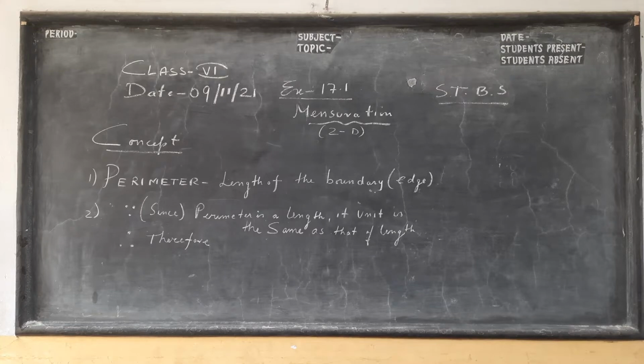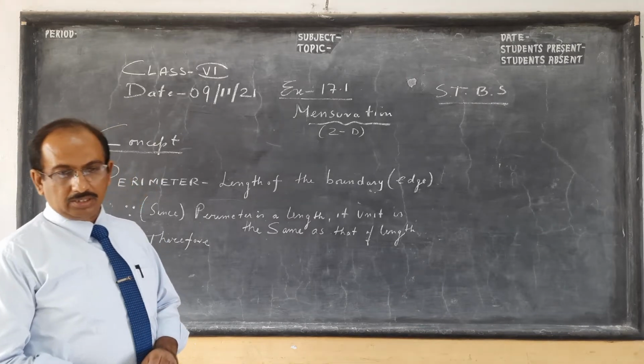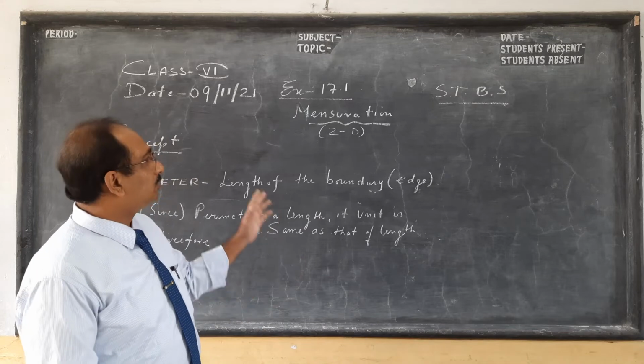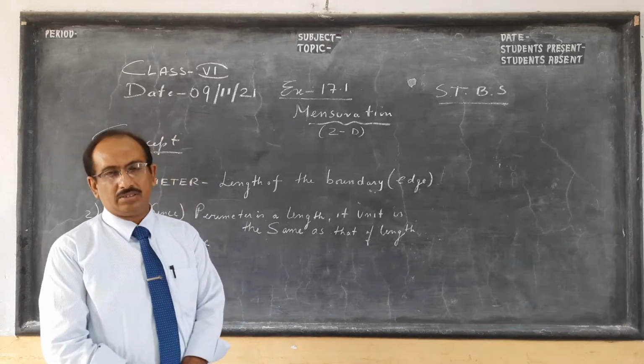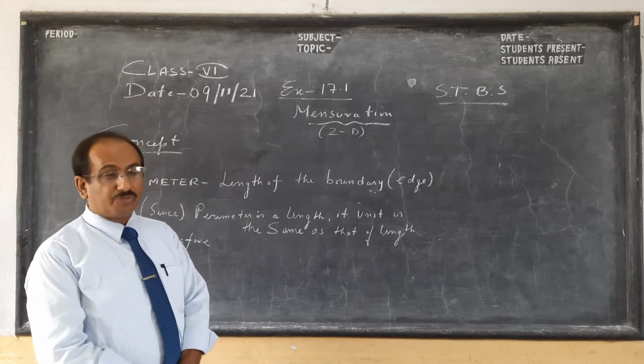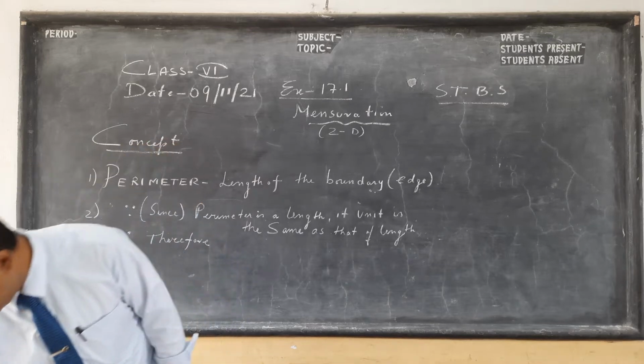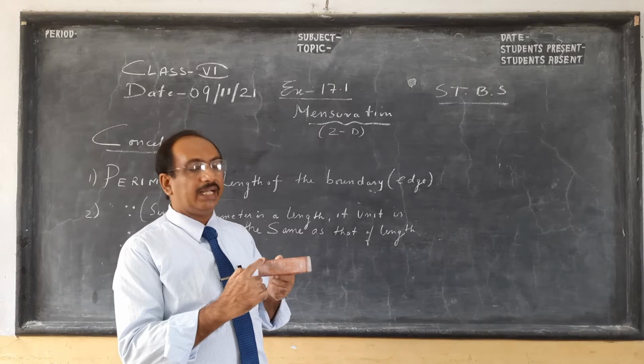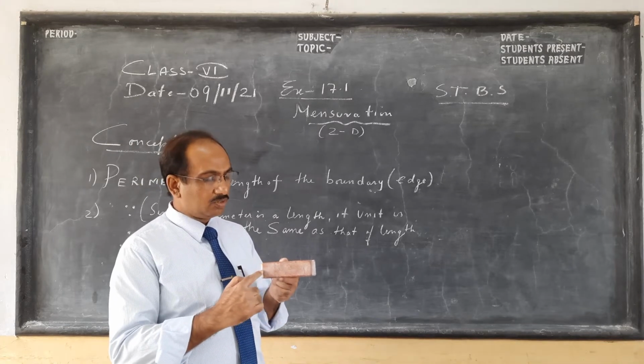So hello students, we start a new topic in our class 6 that is called mensuration. Mensuration means measurement. We measure different things. The length of the edge is called perimeter.